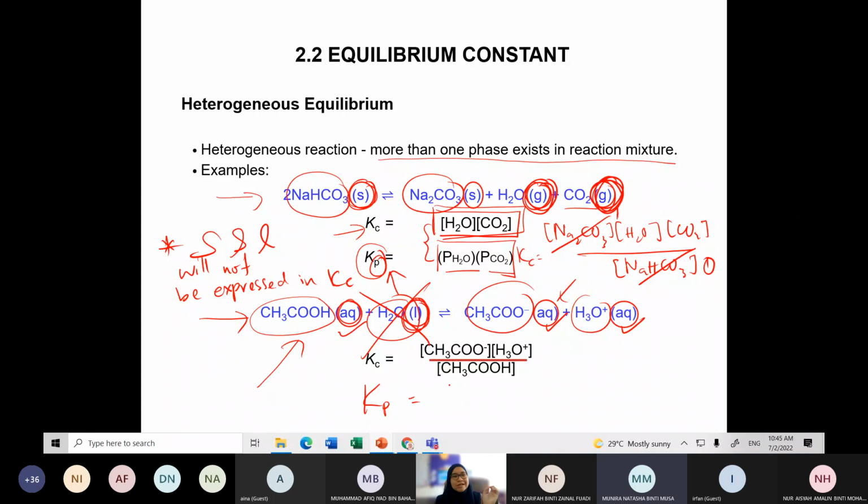Okay? Tak semestinya dia kena ada Kc dan Kp. Not necessarily. Refer to the reaction. Do we have gas involved in the reaction as product or reactant? If we don't have any gas involved, that means we don't have Kp lah. Okay, we cannot measure Kp.